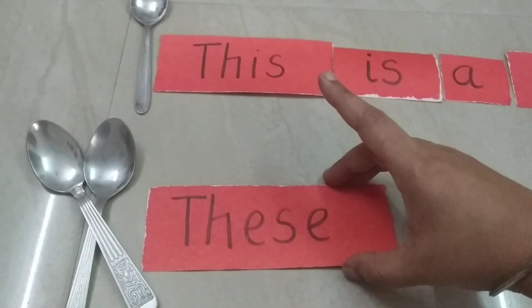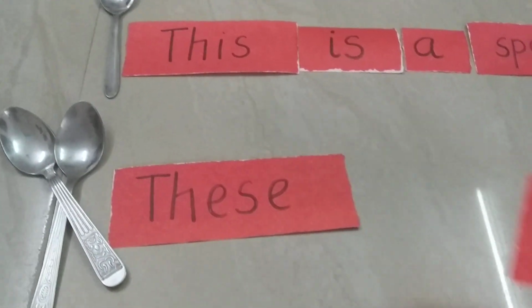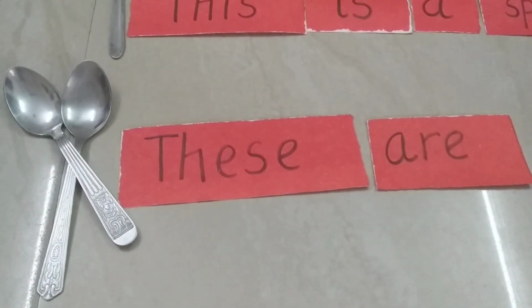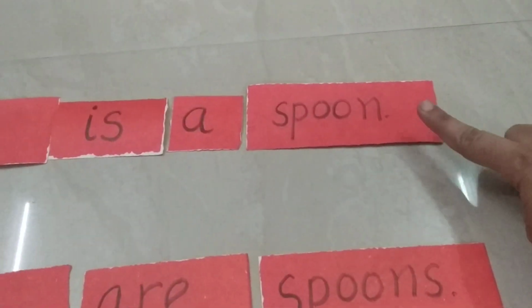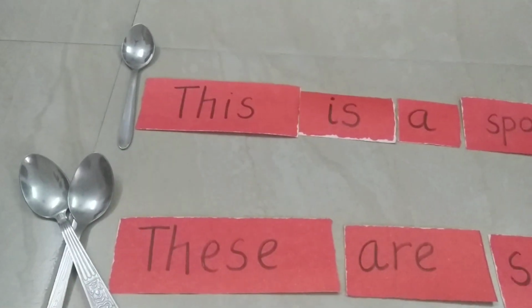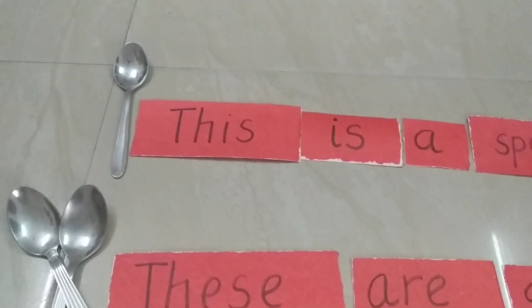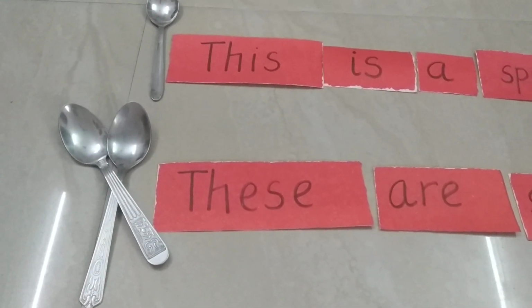So we will use these. What is the many of is? Are. So these are spoons. One spoon, many spoons. So if one thing is near us, then we use this. And many things are near us, then these.